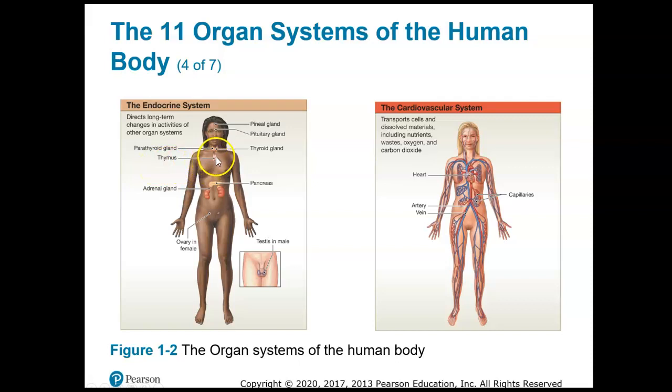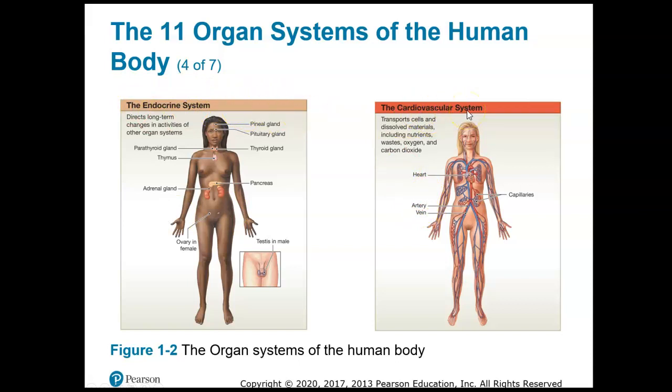The thymus, which is also part of the lymphatic system, as well as the endocrine system. The adrenal glands produce epinephrine, and they produce cortisol, the stress hormone. So, endocrine system basically produces hormones.